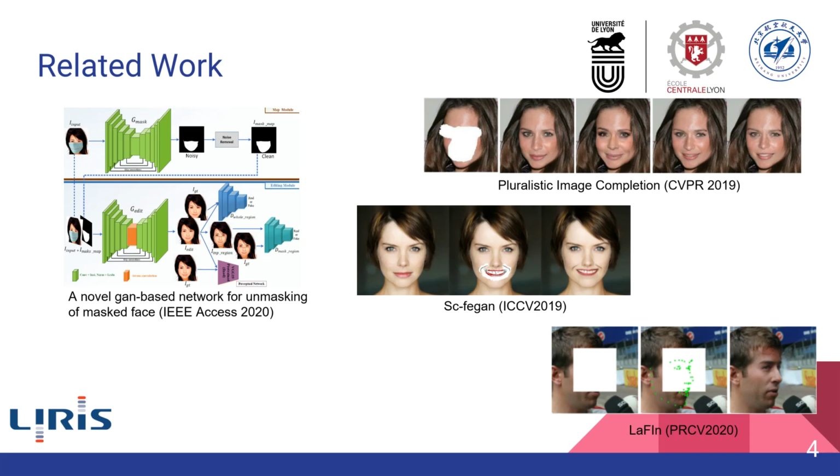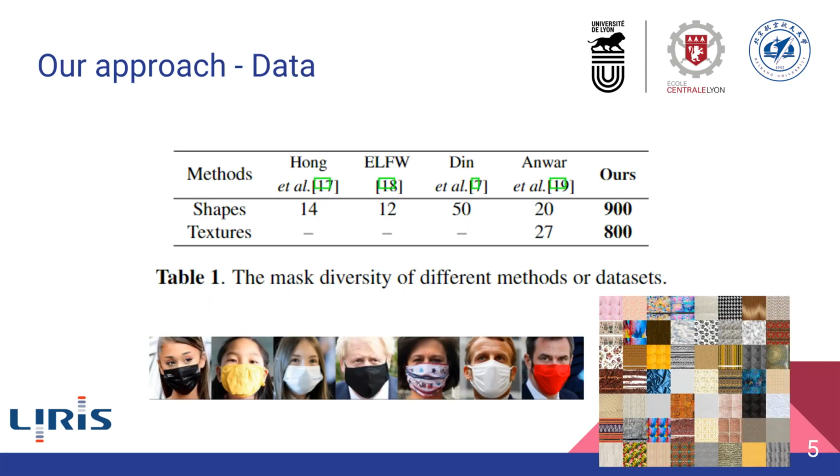There are some other inpainting methods conditioned on sketches, facial landmarks, and even segmentation maps. Different from the above methods, our approach is based on 3D face models, providing a dense and controllable prior for face inpainting. Next, I will talk about our method.